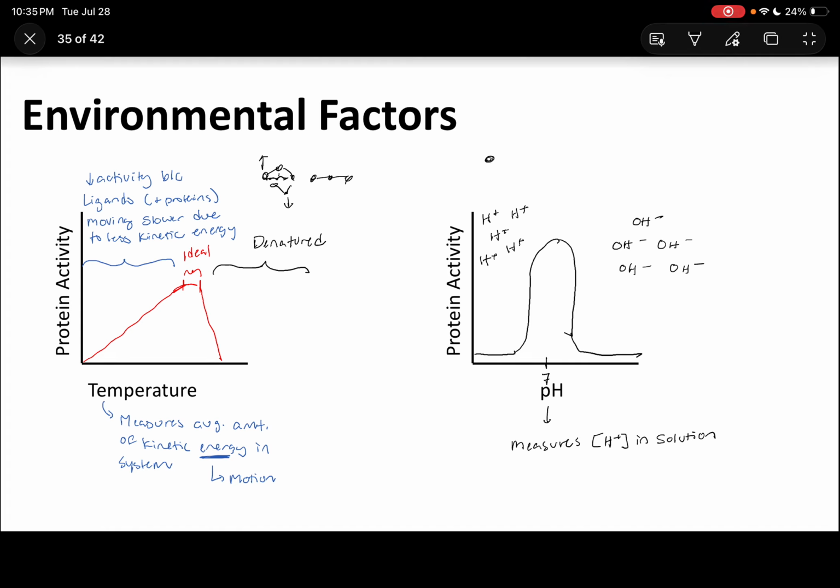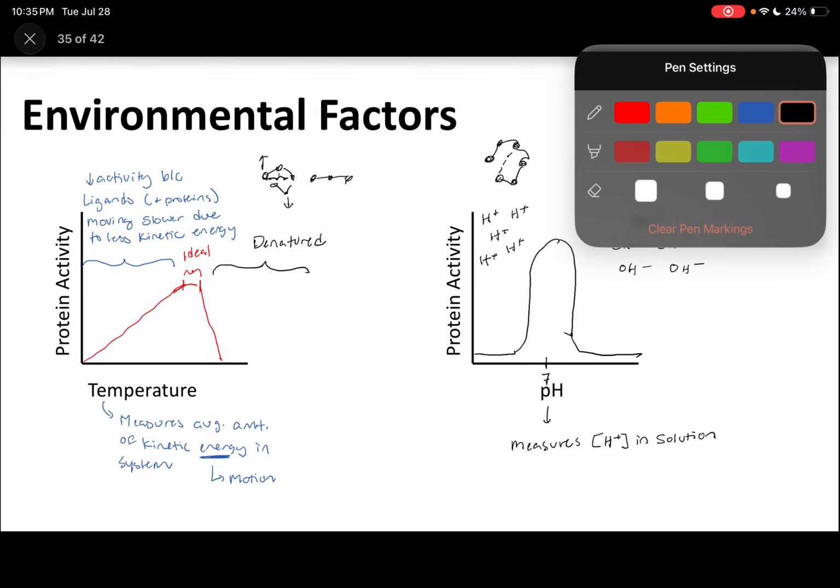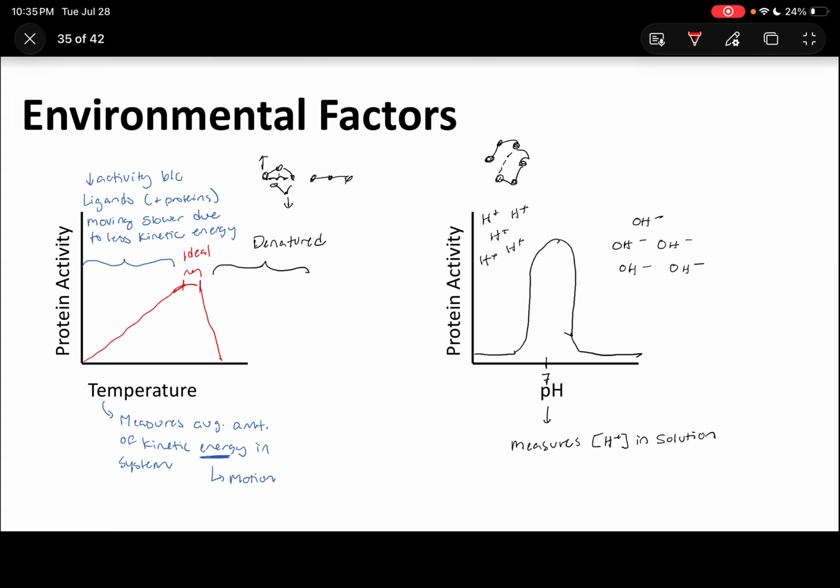So kind of imagine that we've got, again, this folded up chain of amino acids. That little dashed line represents a bond holding those together. And these amino acids have side chains that might have charges to them. So let's just imagine for a minute that there is a negative charge on this amino acid.